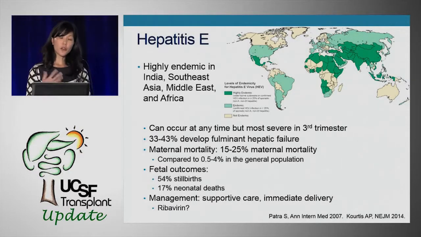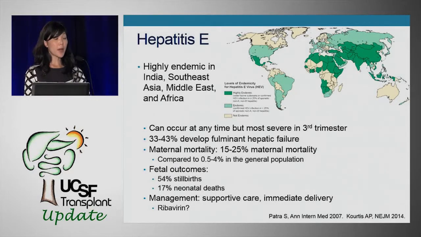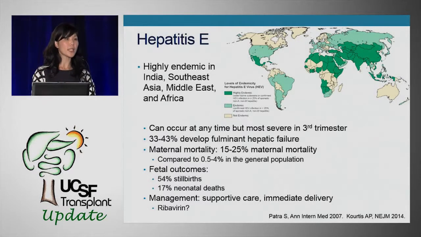Although ribavirin has not yet been reported in the literature as a treatment for acute hepatitis E in pregnancy, ribavirin does have activity against hepatitis E and has been used in non-pregnant individuals.